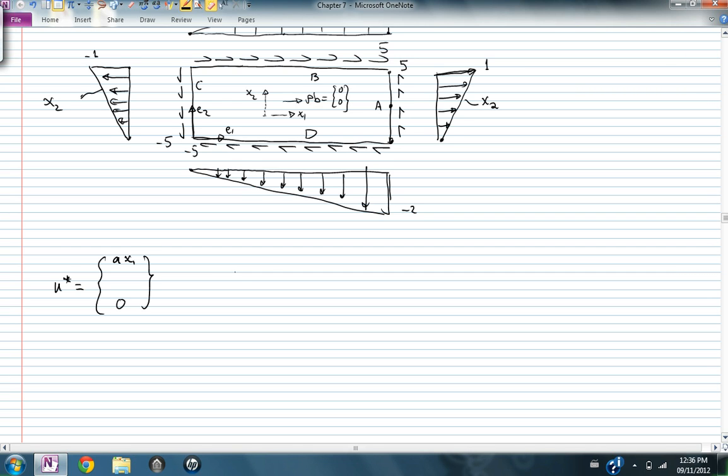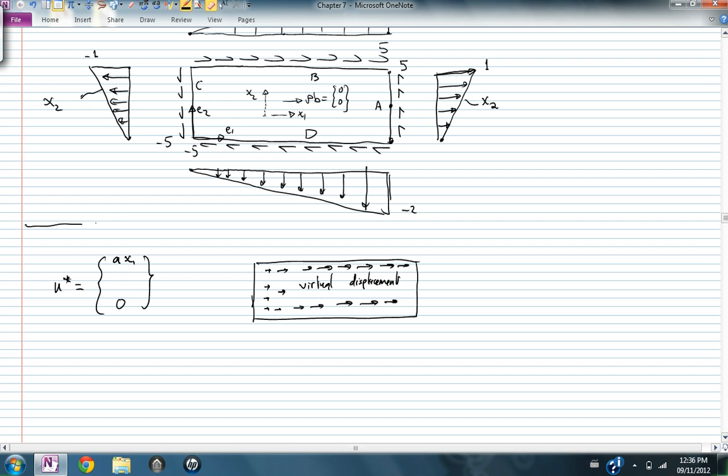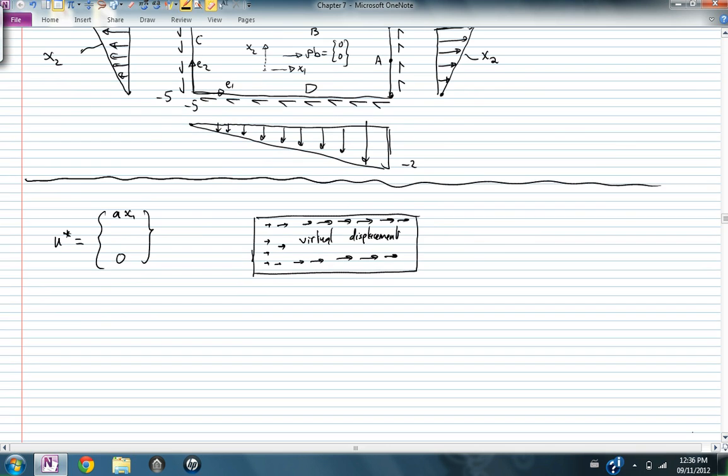So assuming that the plate has a virtual displacement with arrows looking like this, to verify that the internal virtual work is equal to the external virtual work, we first have to calculate this associated strain.